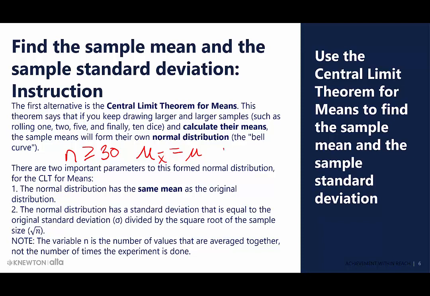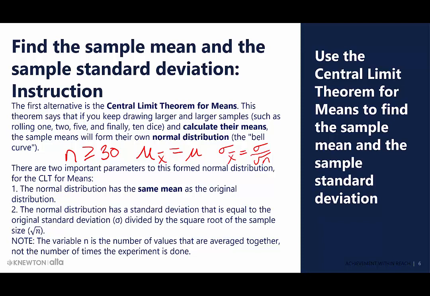But the standard deviation that we use for the sampling distribution is the original population standard deviation divided by the square root of your sample size. In layman's terms, as we go to find our probabilities, if you remember, we use normal CDF, and we need four things: a lower bound, an upper bound, a mean, and a standard deviation.